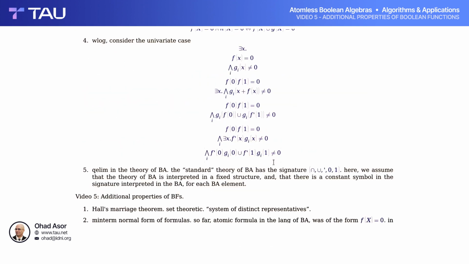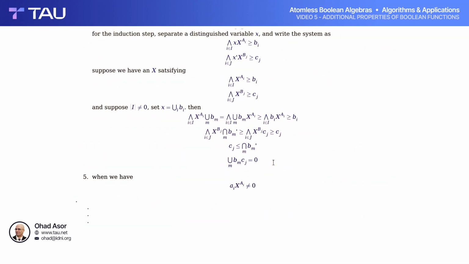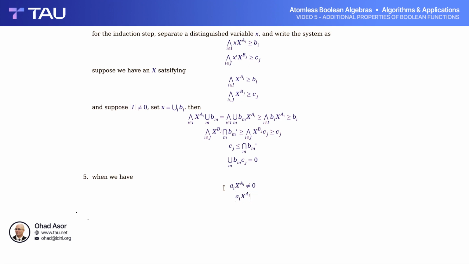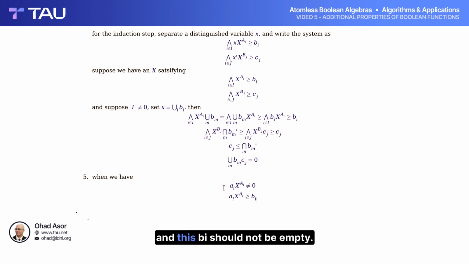So what I really want is to write this as greater than some bi, and this bi should not be empty.